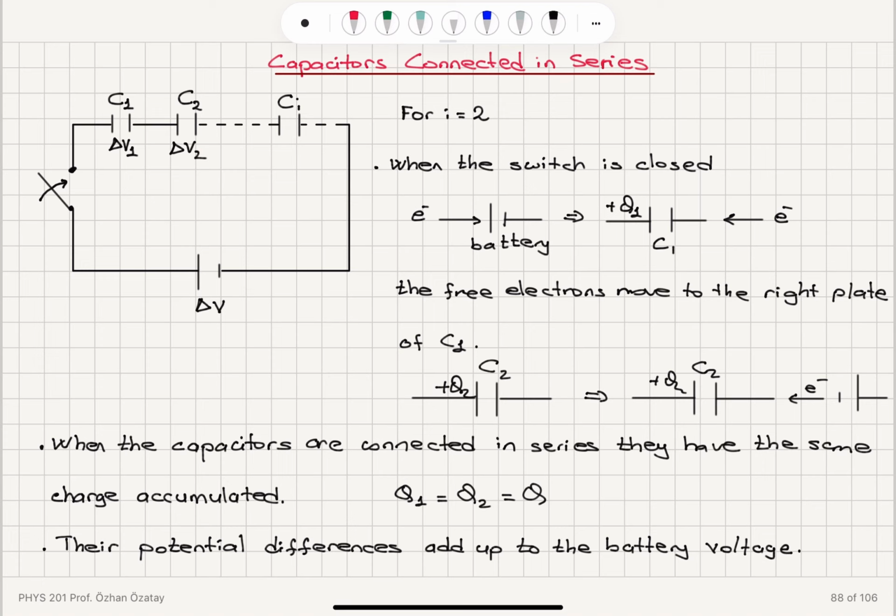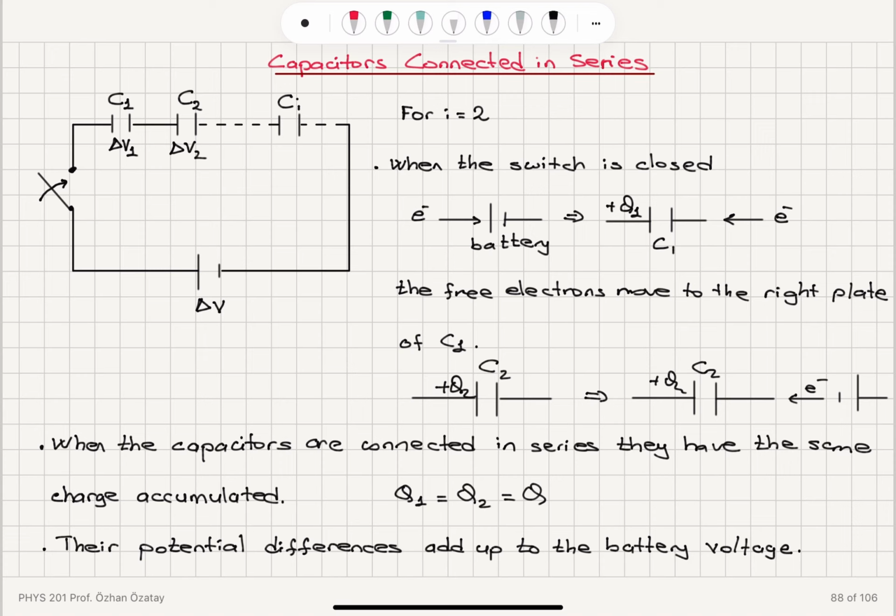So what happens here when the capacitors are connected in series? They have the same charge accumulated. Why is that? Because the charge that accumulates on C1, minus Q1, must be equal to plus Q2, because these charges are provided by electrons that got transferred from one plate of C2 towards C1.